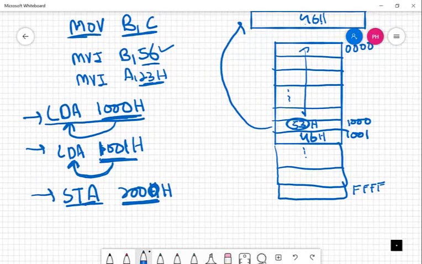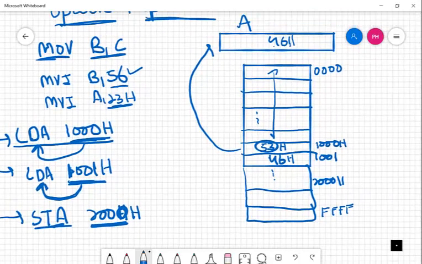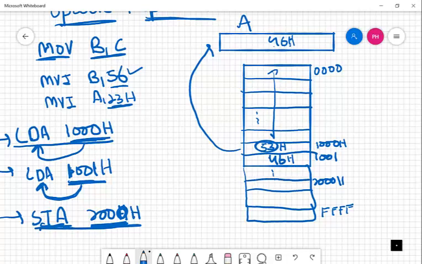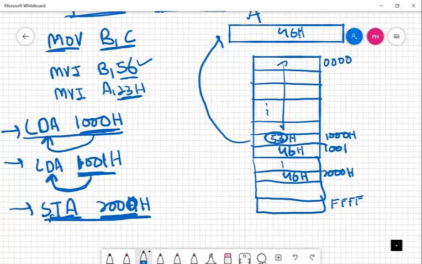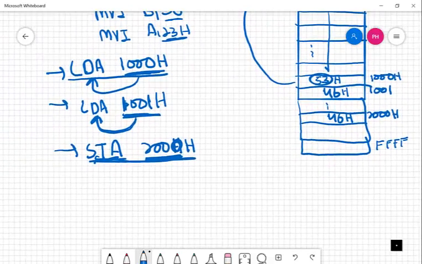So maybe I have a memory location 2000, because memory locations are hexadecimal numbers from 0000 up to FFFF. Now I have 46 in the accumulator, and when I execute this instruction, this 46 will be copied to the memory location 2000H. 46 here. We will revisit these instructions when we write programs.